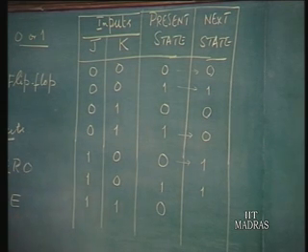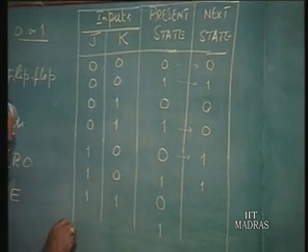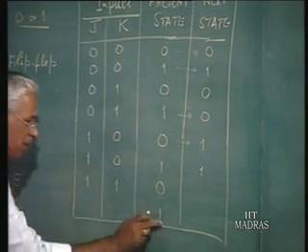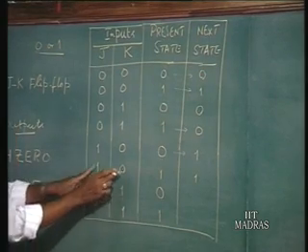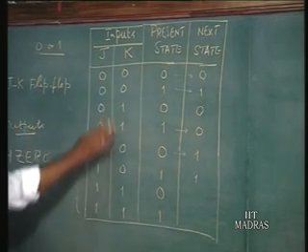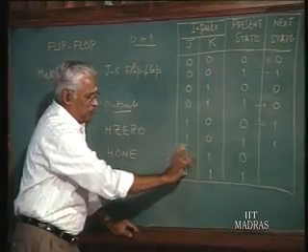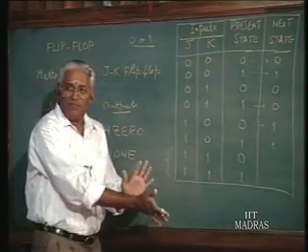For this particular condition, there are two input conditions, it will occur when the present state is 0 and when the present state is 1. Elsewhere it is either J or K, only one of them is 1. Here are the only two input conditions for which both J and K are 1.